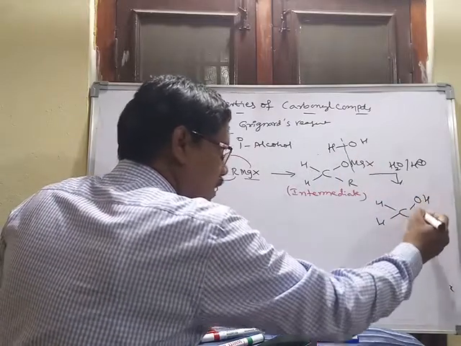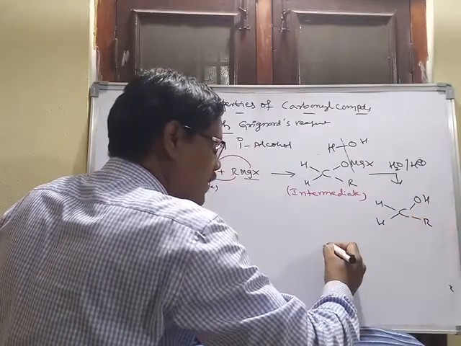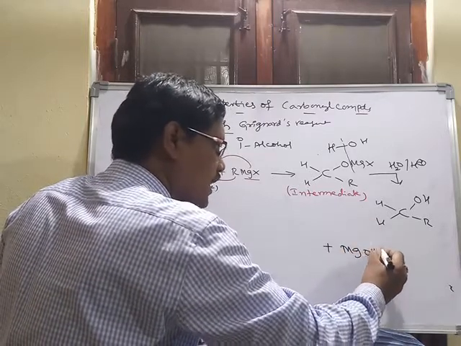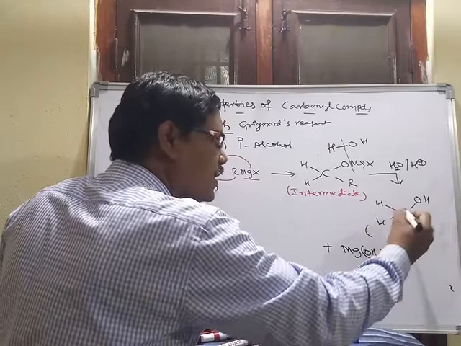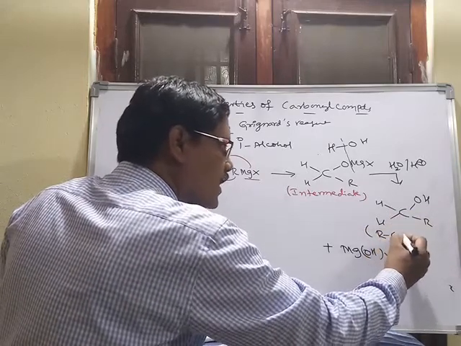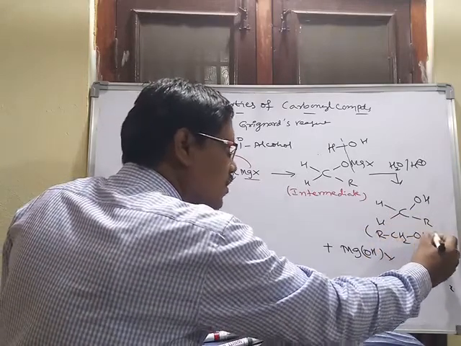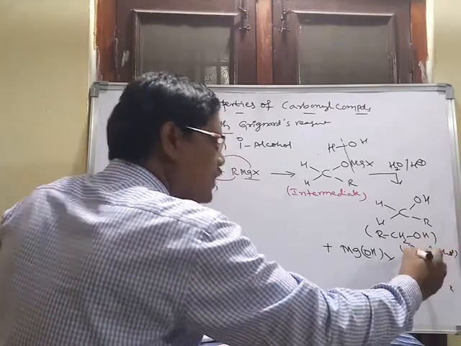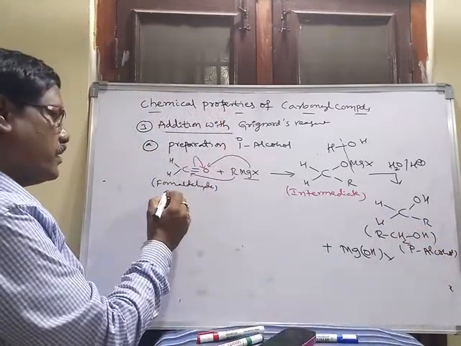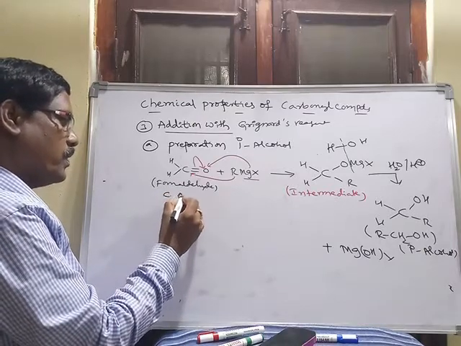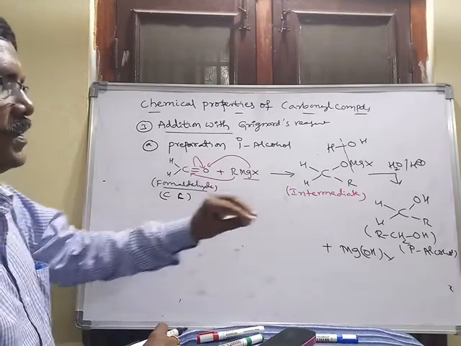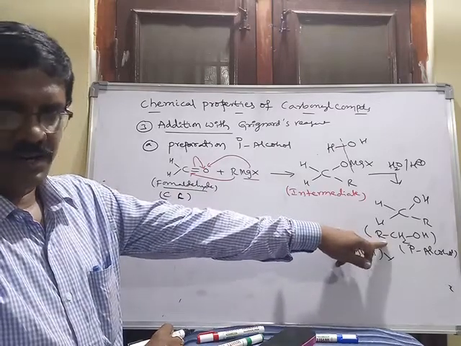The OH here is already present, plus the byproduct is MgOH. This can simply be written as RCH2OH. This is called a primary alcohol. That's why when we take the carbonyl compound as formaldehyde in this reaction, we prepare a primary alcohol.